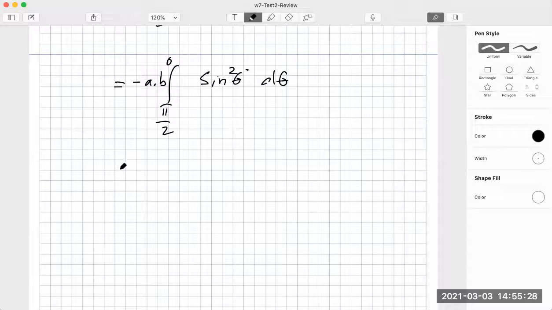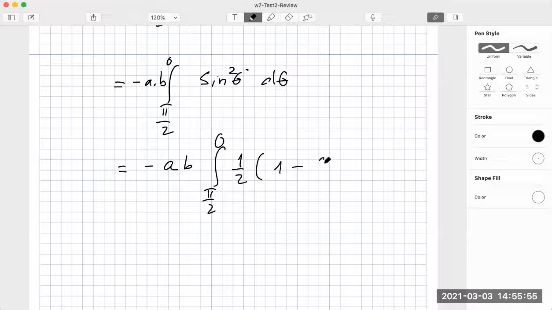Sine square will be, what is it? Sine square here will be 1 minus cosine 2 theta, d theta. Just apply this.